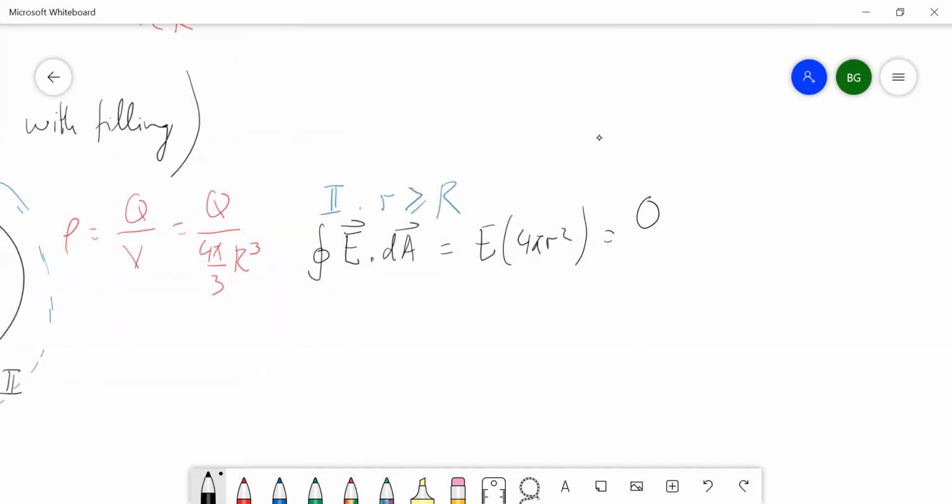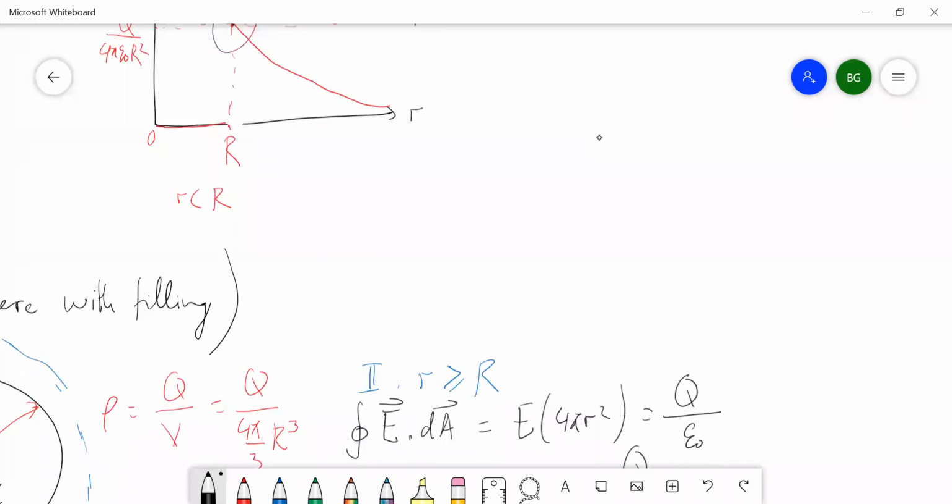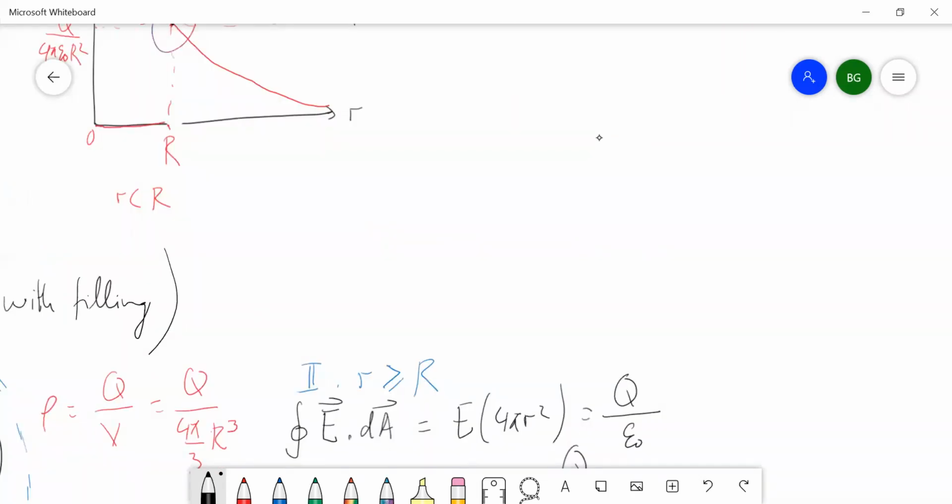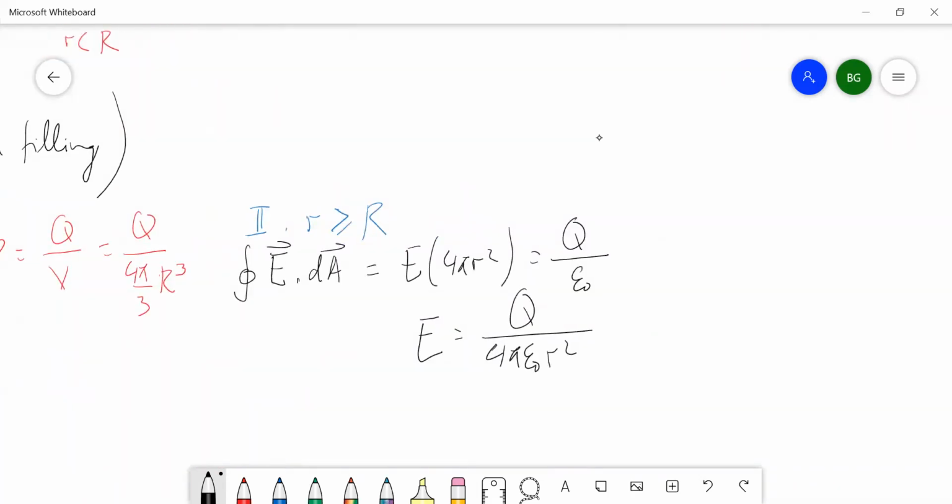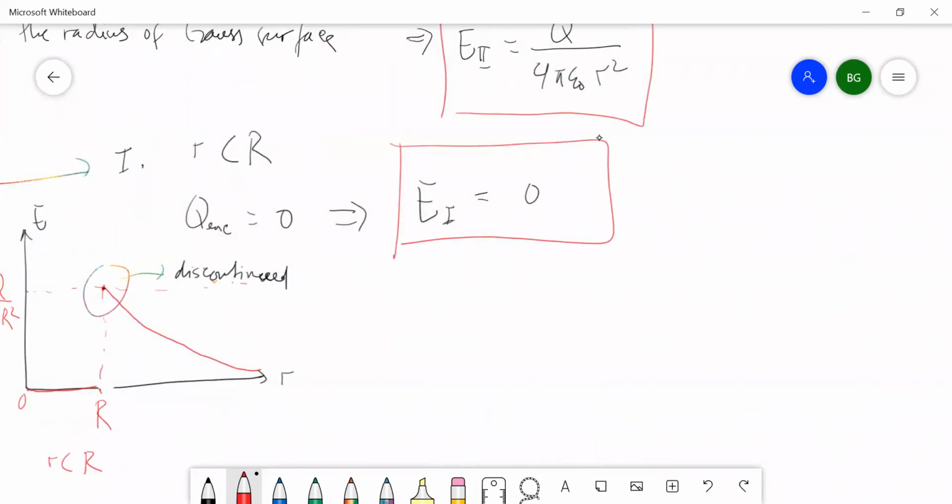In this case, Q enclosed is Q over epsilon 0. Then we get a similar expression as the thin shell. So the electric field outside the sphere, for the solid sphere and the thin sphere, has the same form, as you see.